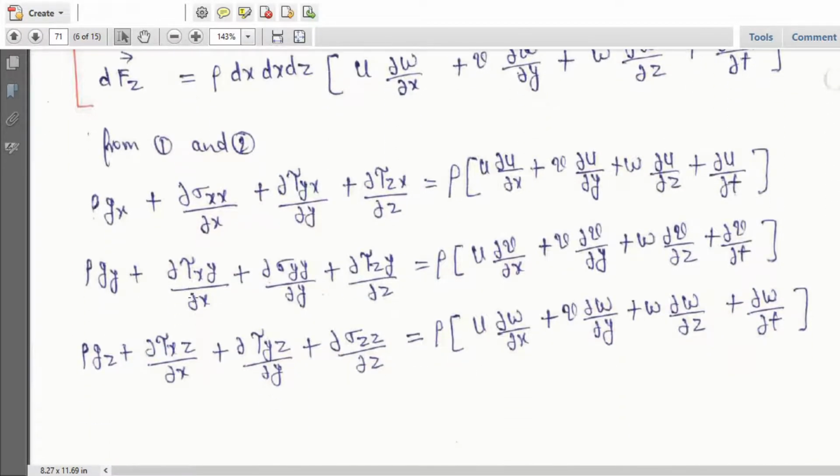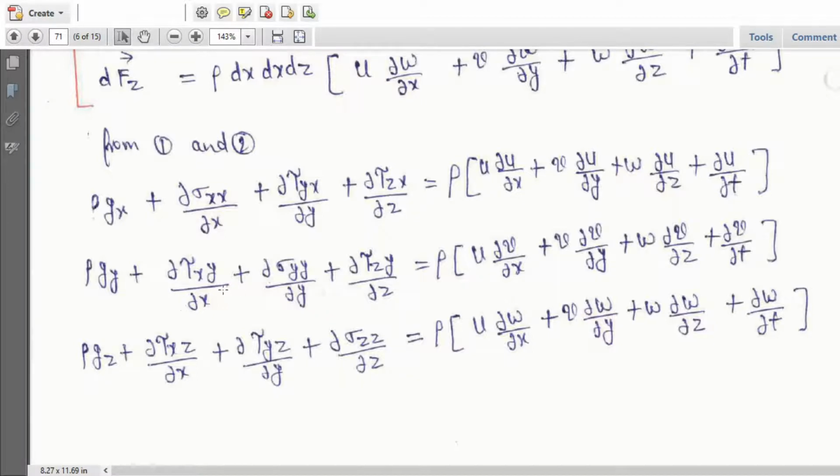If we equate the two, we will get the term ρ(u ∂u/∂x plus v ∂u/∂y plus w ∂u/∂z plus ∂u/∂t) equal to ρgx plus ∂σxx/∂x plus ∂τyx/∂y plus ∂τzx/∂z.